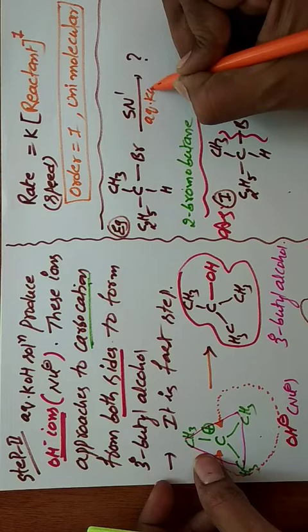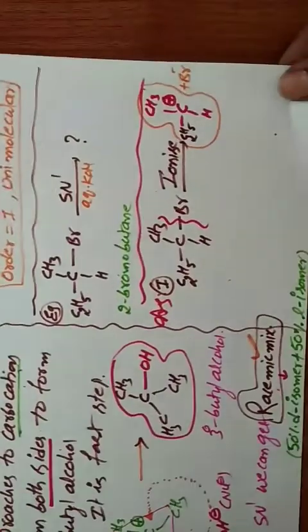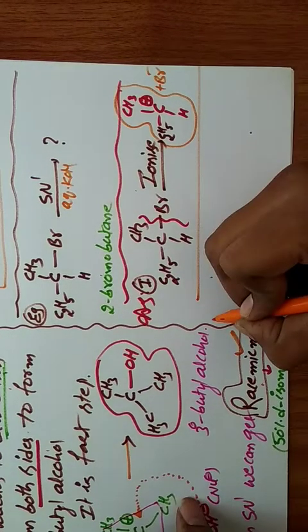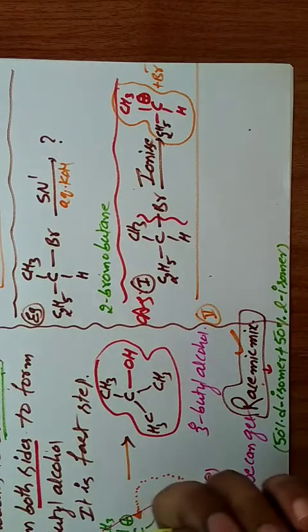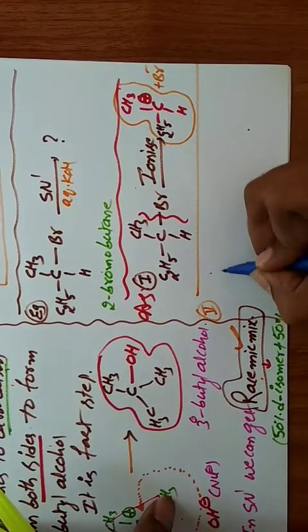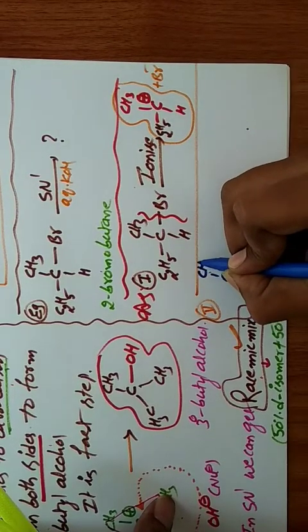Step 2: this is the carbocation. What is the carbocation? C plus, here CH3, here hydrogen, here C2H5. Positive charge, you must and should mention the positive charge.